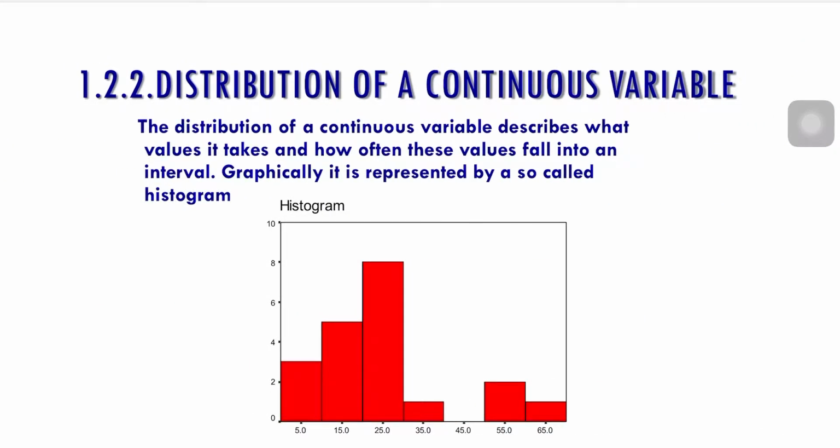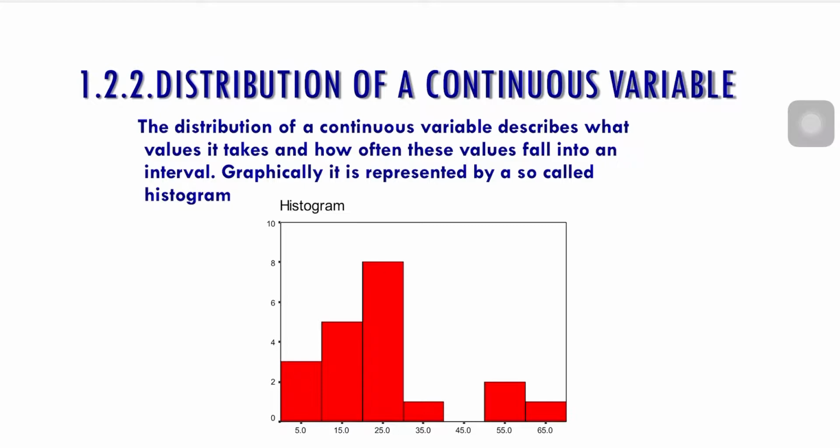Now we go to the distribution of the continuous variable. As I mentioned before, a categorical variable is finite, but a continuous variable is indefinite, and usually the set of data is not definite. It can have a minimum or maximum, but sometimes we study between the minimum and maximum which we define.